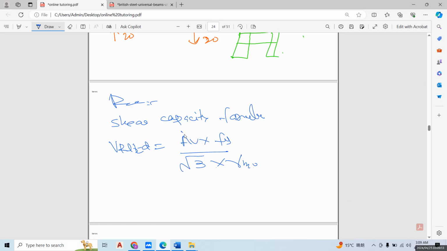The first one is Av, the second one is Fy, and the third one is the partial factor of safety. The partial factor of safety is 1, so you don't need to find this one.